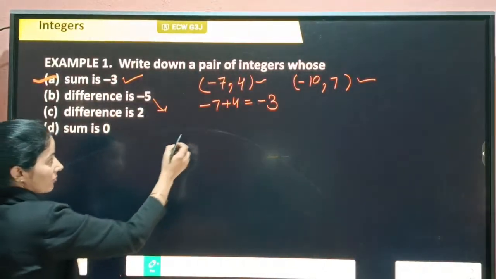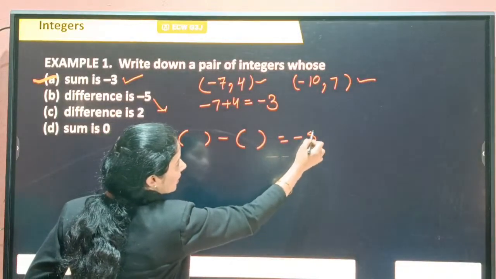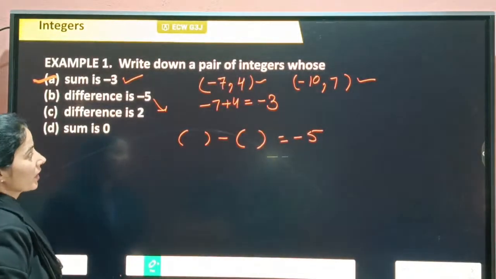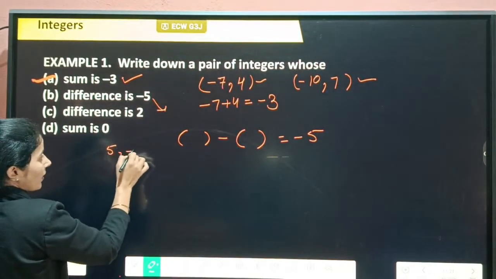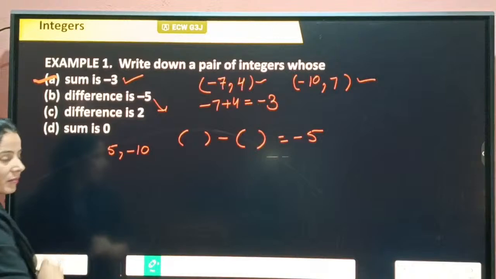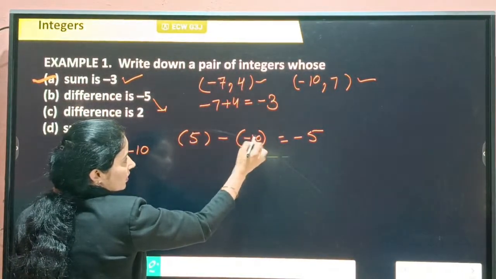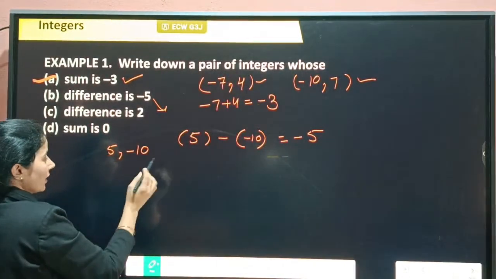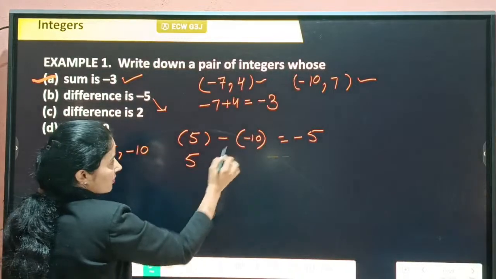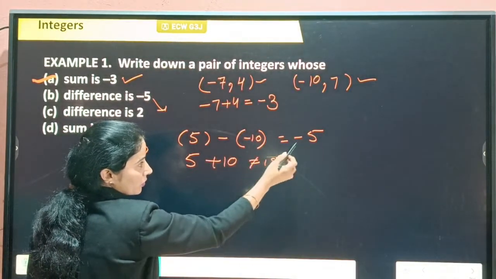Difference is minus 5. I will subtract these two integers and I should get minus 5 as the answer. So what should it be? Say 5 and minus 10. If you take 5 and minus 10, then 5 minus minus 10 becomes plus, so your answer is 15, not equal to minus 5.